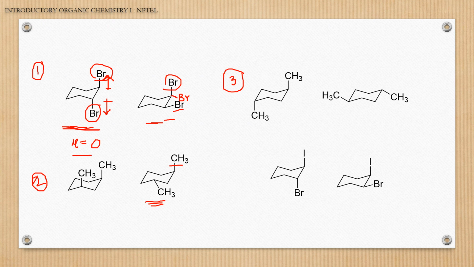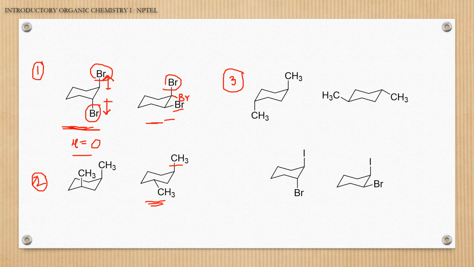Which is stable, guys? Ma'am, both are trans only, right? Yeah, both are trans only. So it reflects that all of you are thinking, right? That's why I have put it like this on purpose. So you can draw the cis conformation on your own.